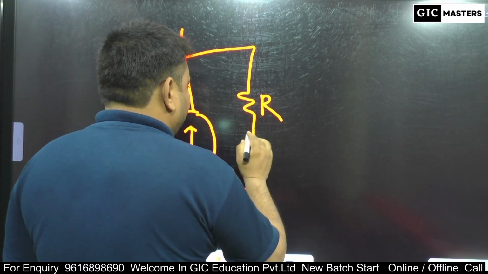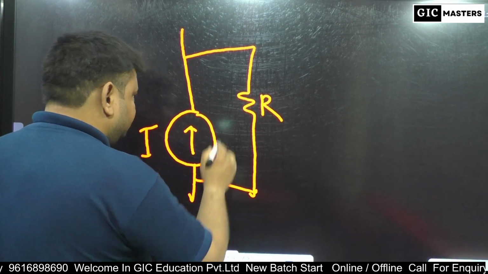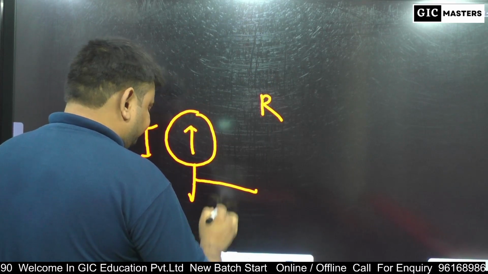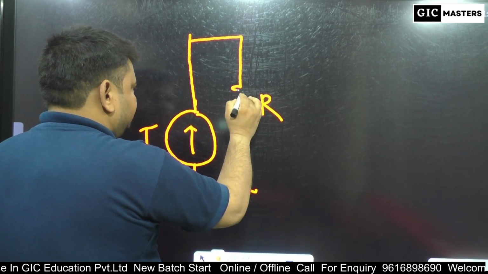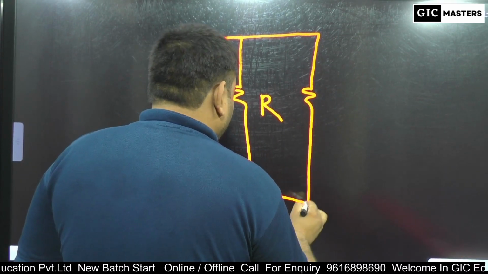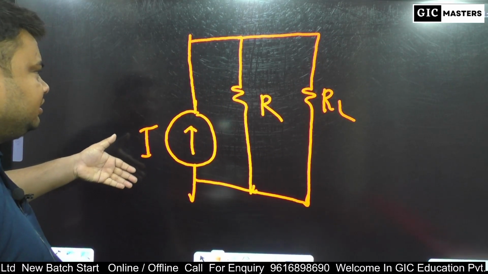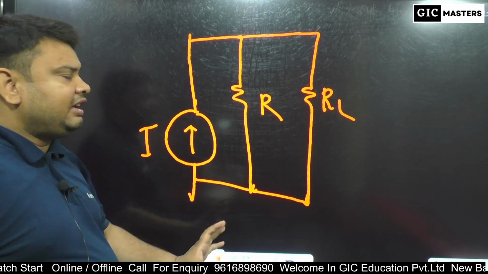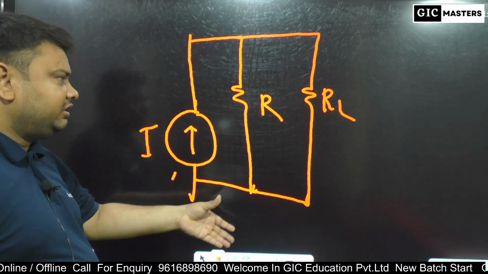One is the internal resistance R and the second is the load RL. R is the internal resistance of this current source and RL is the load.